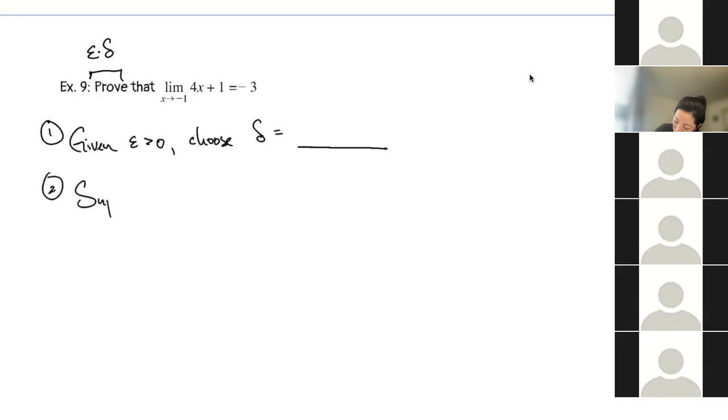Then we're going to suppose that 0 is less than x minus a, which is less than delta. And in this case, what are we going to put in for our a? -1.